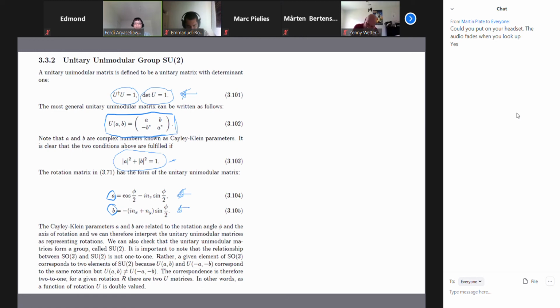So this shows that these SU2 matrices also represent rotation. It's a two-dimensional version of the representation of the rotation operators.